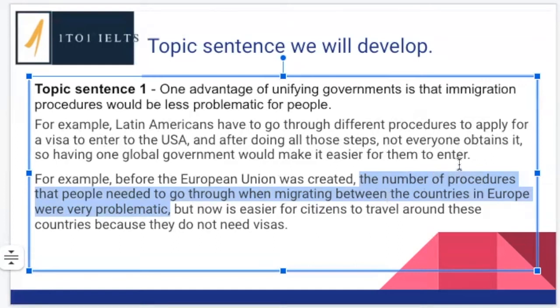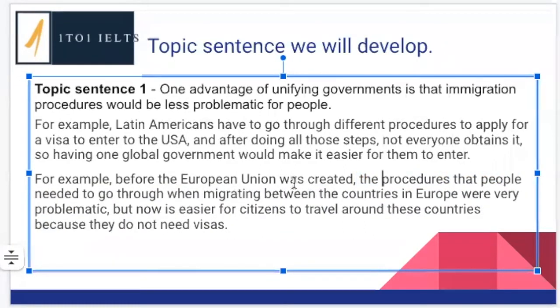Not the procedures, but the number of procedures. So are the number problematic or are the procedures problematic? So I would see that the procedures are problematic. So here it would be better to say, before the European Union was created, the procedures that people needed to go through when migrating between the countries in Europe were very problematic. Good. But now it's easier for citizens to travel around these countries because they do not need visas.